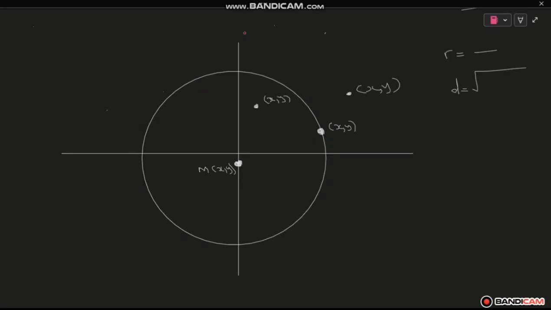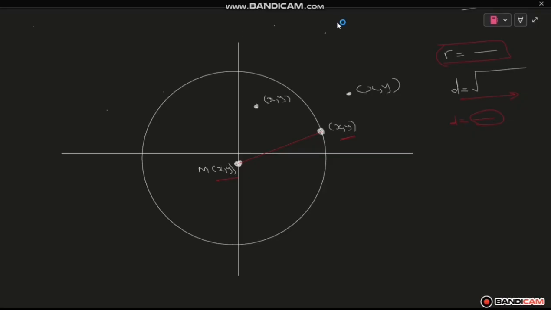For an example, we have the center and that point on the circumference. Then they say prove this point lies on the circle. You will find the distance between the center and the point using the distance formula, then compare that distance with the radius. If they are equal, it means that the point lies on the circle, or on the circumference.